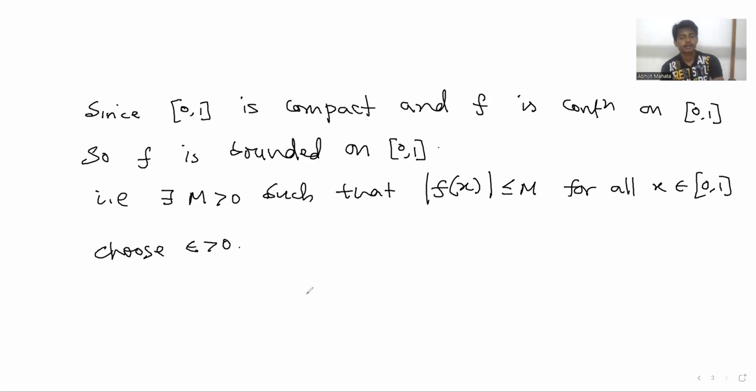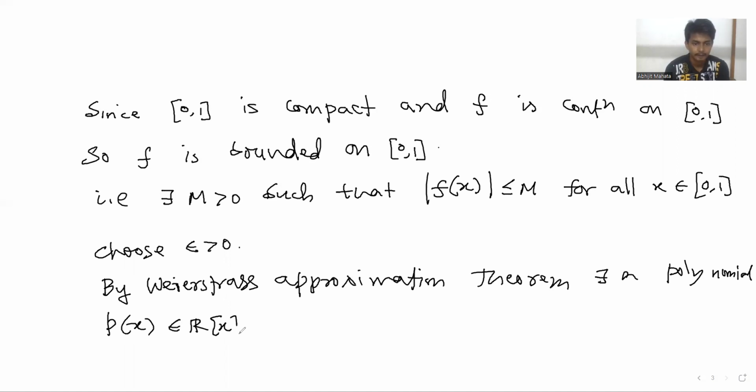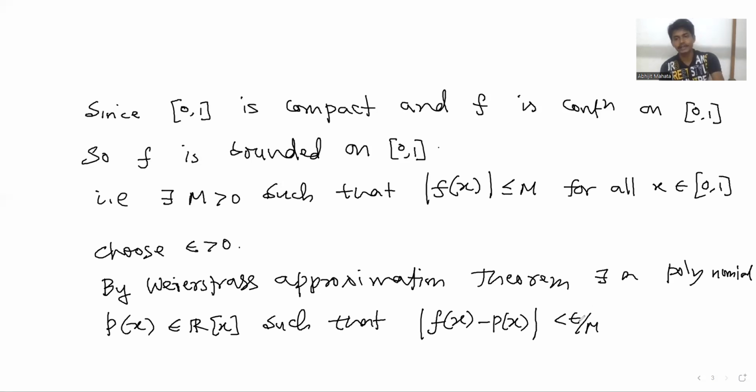Since, by the Weierstrass approximation theorem, there exists a polynomial, say p(x), in R[x] such that the absolute value of f(x) minus p(x) is less than epsilon divided by M. One thing here: why I am taking epsilon by M, you can understand after a few lines. For all x belonging to [0, 1].